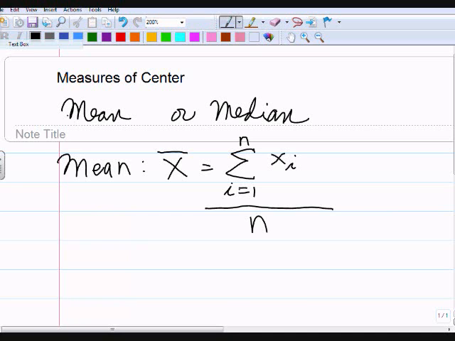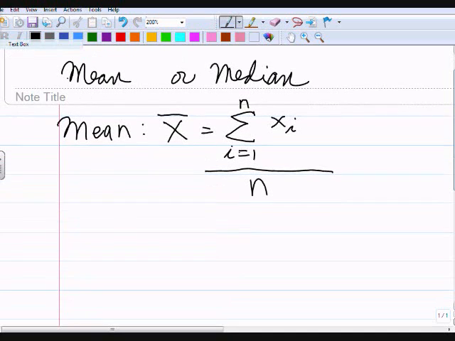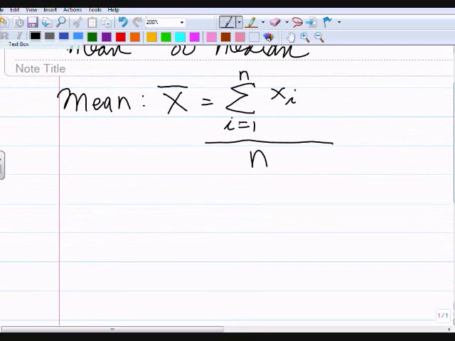Now in statistics, we will be a little less formal about this summation symbol. What you will see written more often for the mean is, no i equals 1 up to n, you'll just see the summation of x sub i divided by n.